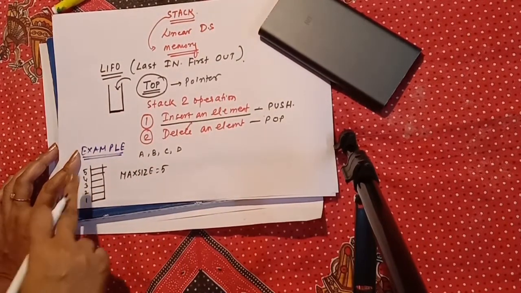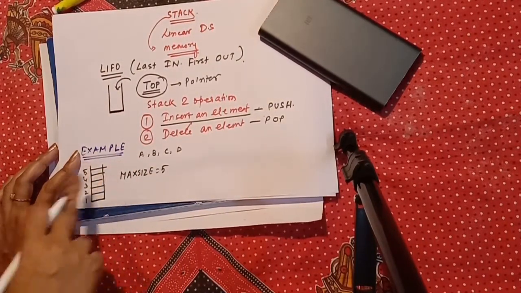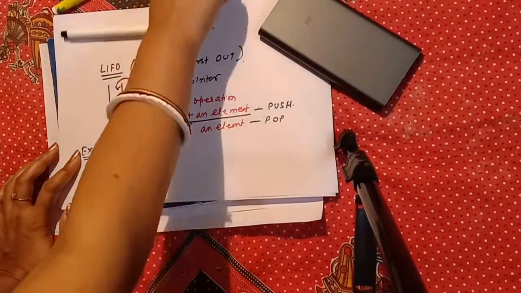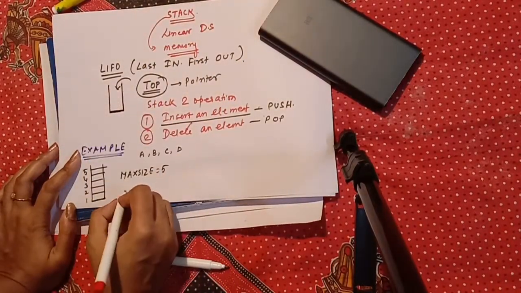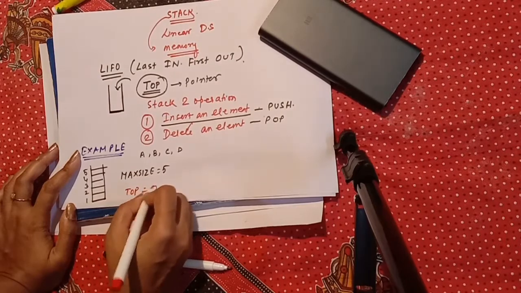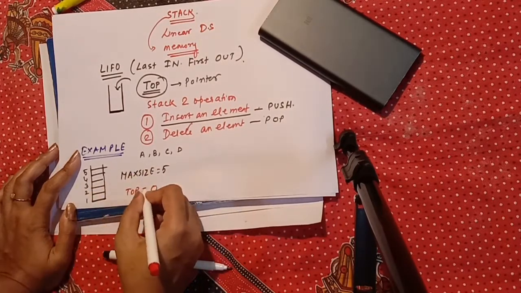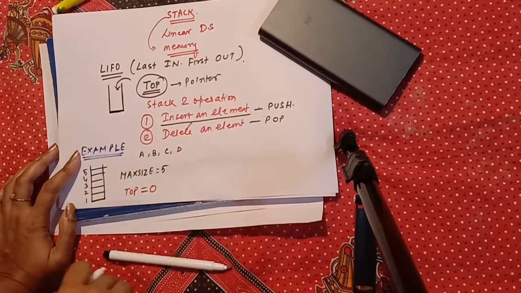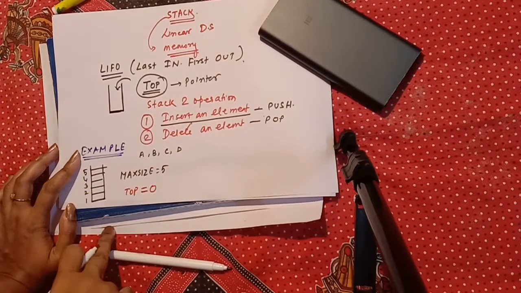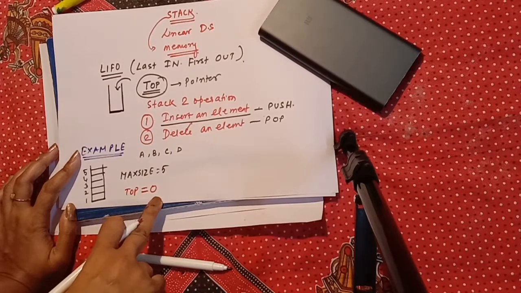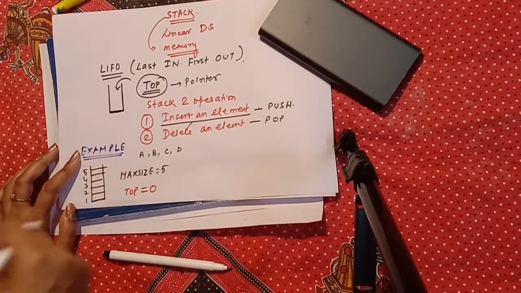When the stack is empty, that is, there is no element in the stack, the value of top is equal to 0. In some books we use 0, or we can also use -1. When top is equal to 0, that means the stack is empty.